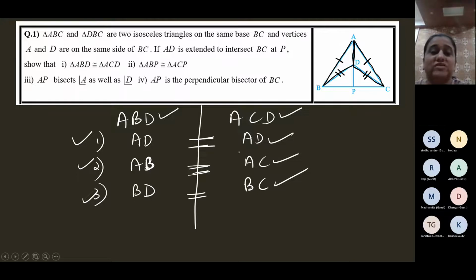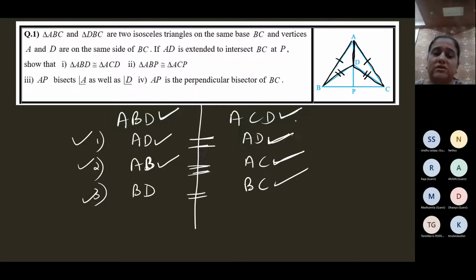If in ABD itself you have two sides equal, we can't write that, right? You have to write one side of ABD is equal to another side of ACD, correct? Now tell me, AD of triangle ADB is equal to AD of triangle ADC.